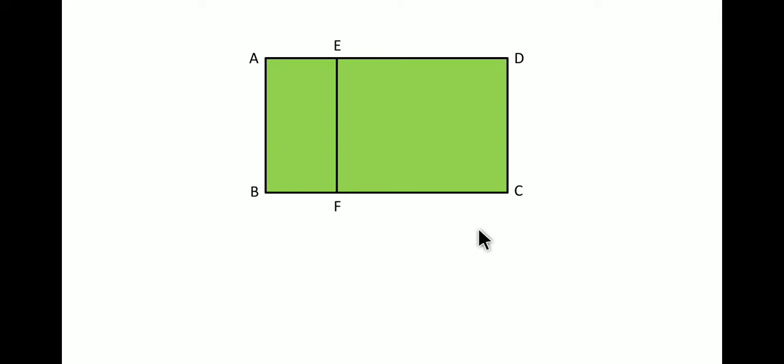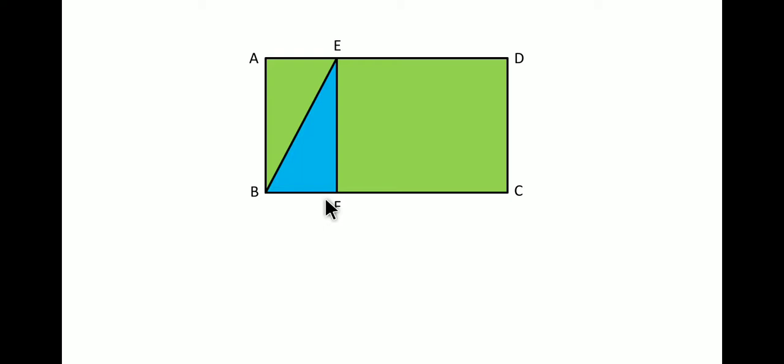Now if this rectangle is divided into equal halves by drawing this line BE, then BEF, this portion, will be formed as a triangle. So triangle BEF, or triangle BFE, is a triangle which is half the area of this rectangle ABFE.